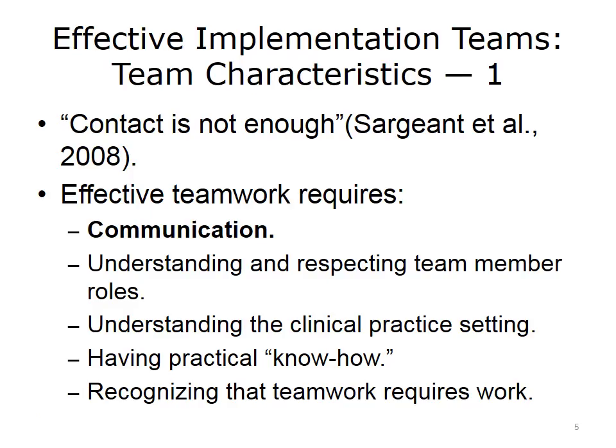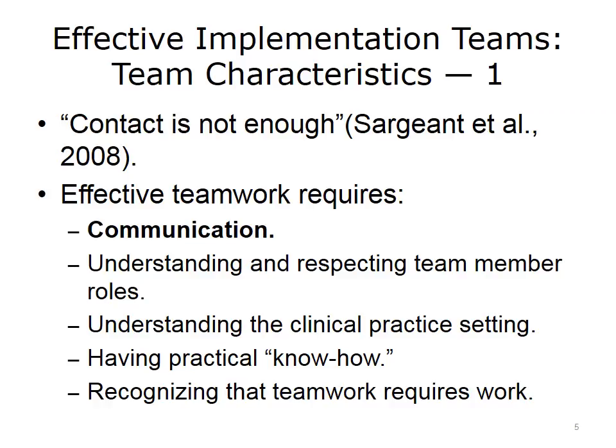In writing on interprofessional team building in primary care settings, Sargent and her colleagues caution that contact is not enough. Just having professionals working side by side is not enough to affect change and manage transition. The level of interdependence and collaboration required for effective implementation teams demands the highest level of communication.